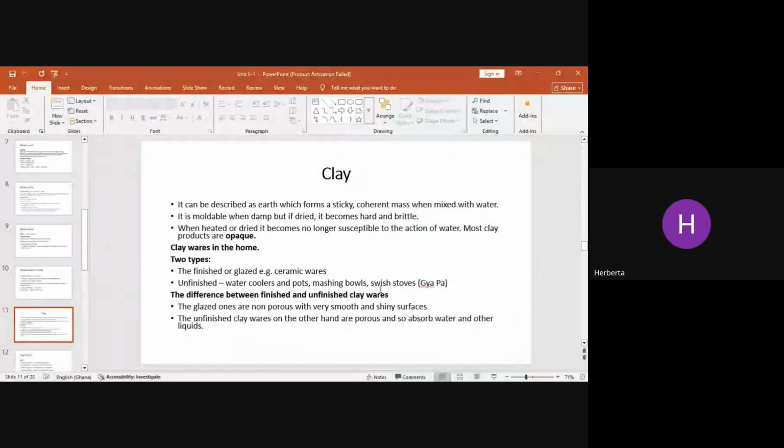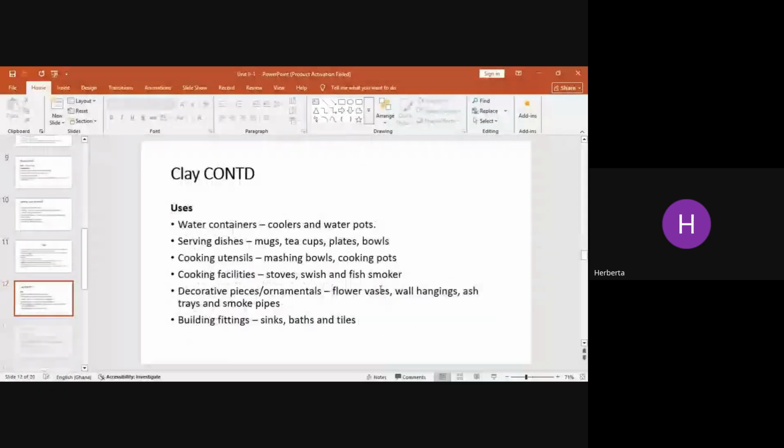These are the unfinished wares. So most of the finished wares are non-porous and very shiny, but the unfinished wares are porous and they absorb heat, or water or liquid. So most of the time after it has been used, it is left to dry before it is stored.